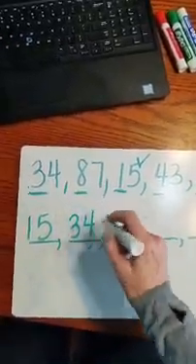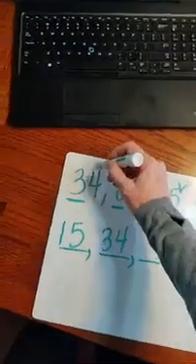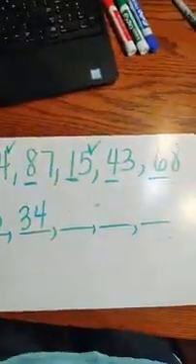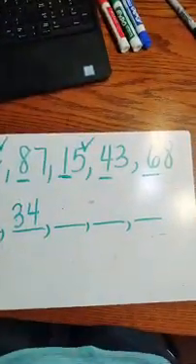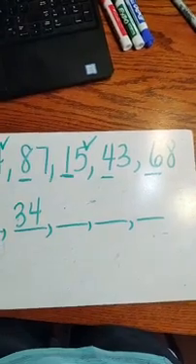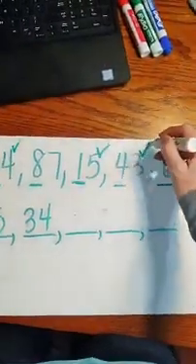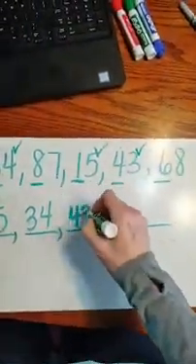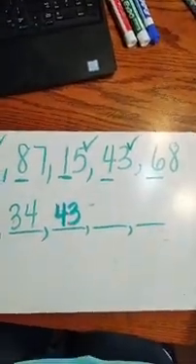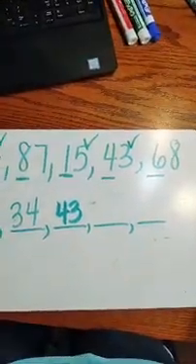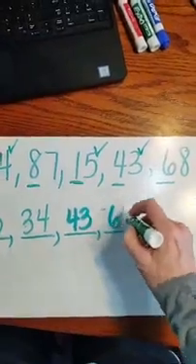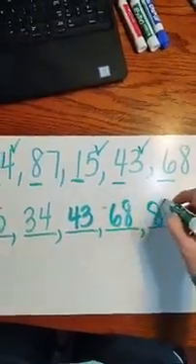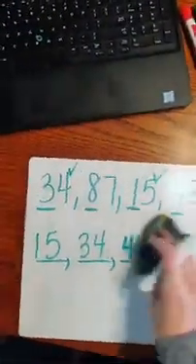Oops, I need my check, so I know I've used it. Now which one? Yes, the 4, so 43. Last 2. Yes, the 6, and then my 8. Good job. I'm going to make this a little more tricky.